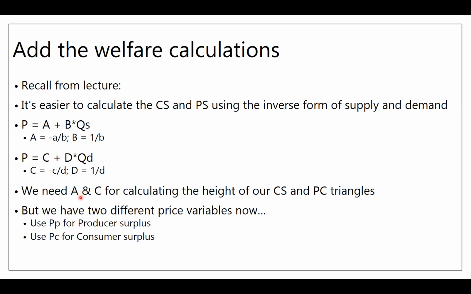And really, for purposes of the surplus, we only need capital A and capital C. We need these intercepts, okay, because we're going to calculate those welfare triangles, those surplus triangles, and we need to know how to calculate the height and the base, right? So the base will come from the market quantity, and then the height comes from what's this intercept relative to the price that we are looking at, okay?